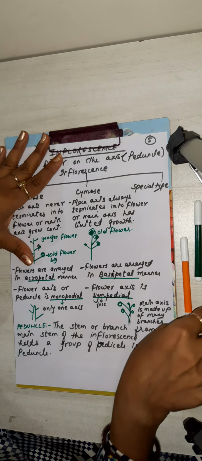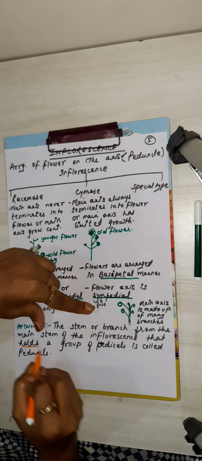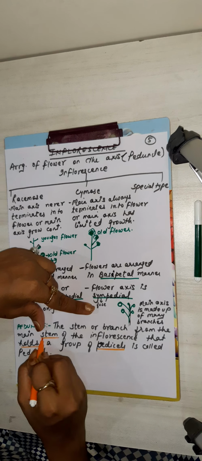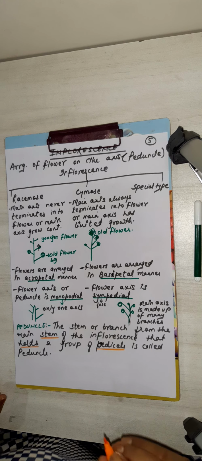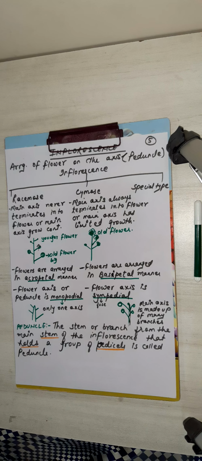Okay, what holds pedicels is known as peduncle. So let's start with types of racemose.